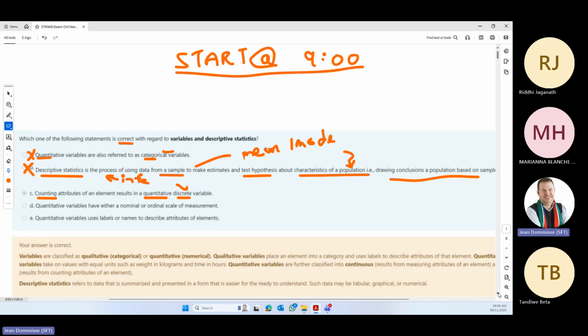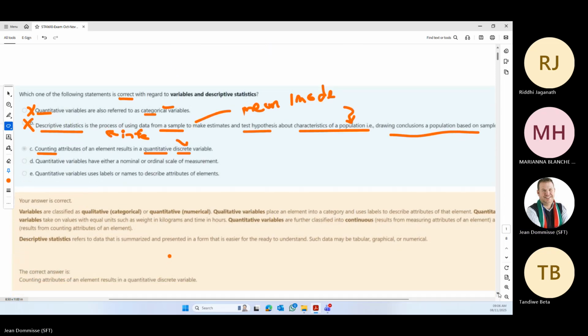So the only thing I can think of here is that we want to classify it further. Let's just see the others. Quantitative variables have either nominal or ordinal scale. That is incorrect. I'm looking for the correct one.